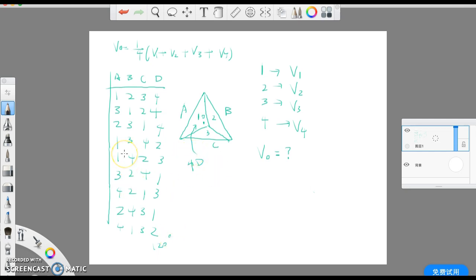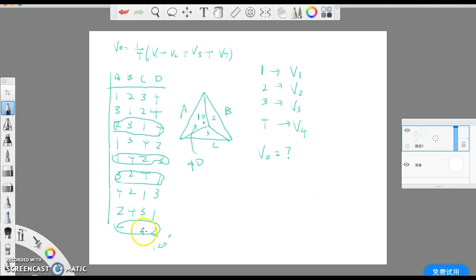Now we can just take 4 combinations of this, which are 2, 3, 1, 4, and 1, 4, 2, 3, 3, 2, 4, 1, and 4, 1, 3, 2.